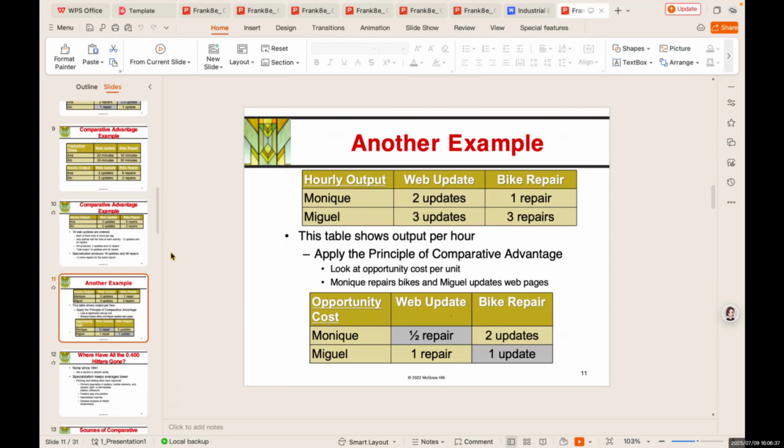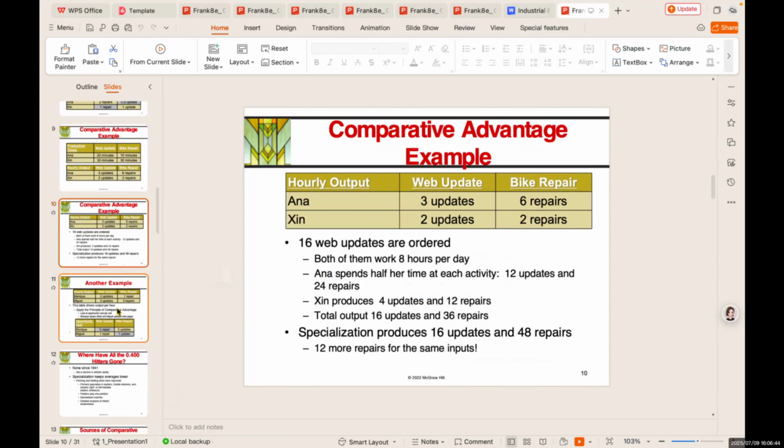After we figure out the comparative advantage for each person, we can now see the impact of specialization and trade. Before trade, we assume that both of them work 8 hours per day and spend half of the hours on one task, and the other half on the other.